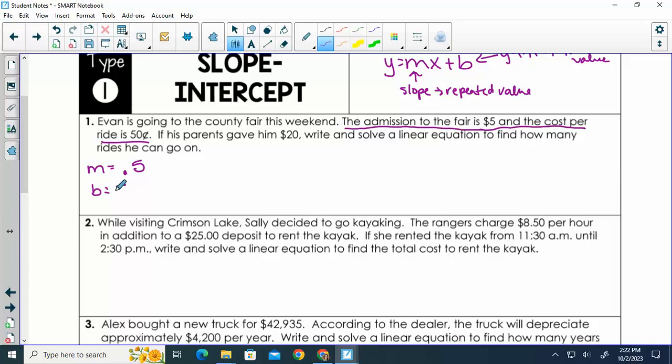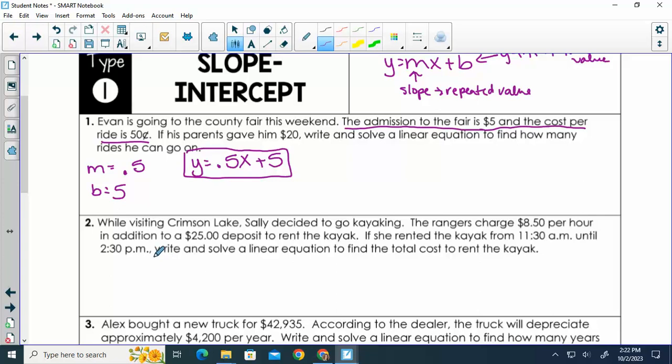The admission, the $5. He has to pay that even if he doesn't go on any rides at all. So my equation, y equals mx plus b, okay, that's the second part. So, this is my equation.